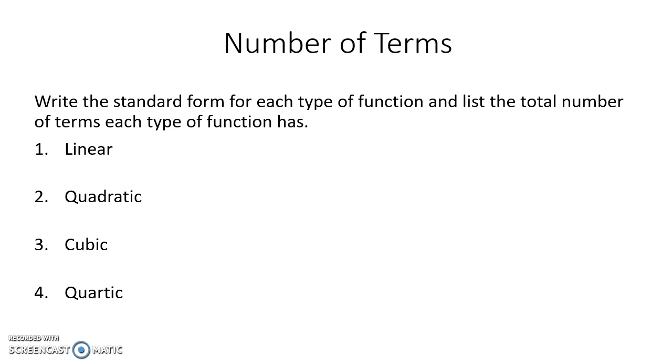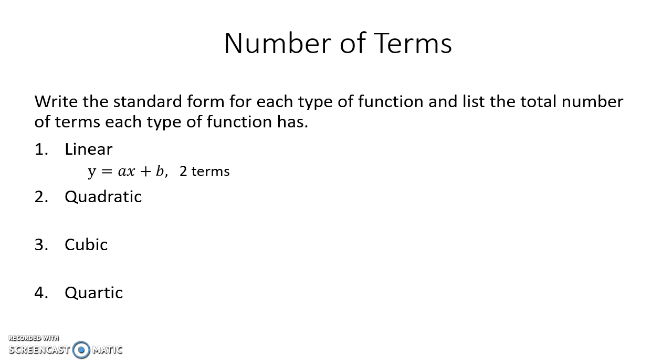So the first thing we talked about was standard forms of polynomial functions. If we look at a linear function, the standard form is y equals ax plus b. If you notice, this degree 1 polynomial has two terms.